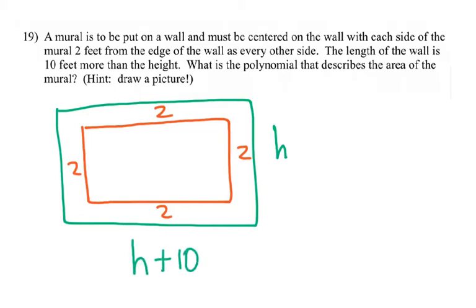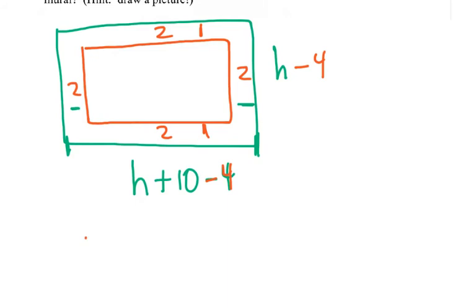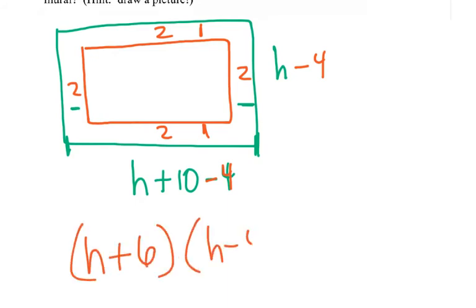Now it says, what is the polynomial that describes the area of the mural? Okay, so how big is the red part? So if the green part is h plus 10, I'm going to take away 2 feet and take away 2 feet. So I take away 4 feet. Maybe I should write that in red. And then here I'm going to take away 2 feet and take away 2 feet. So I'm going to take away 4 feet. So the area of the mural is going to be h plus 6, because that's what 10 minus 4 is, times h minus 4.